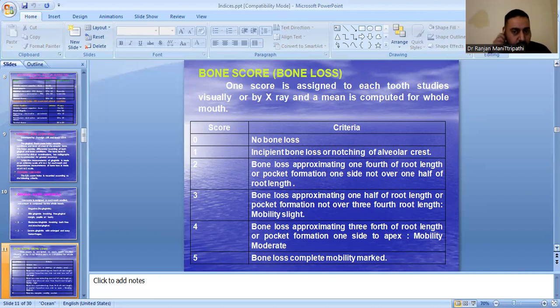Score 3 means bone loss approximating 1/2 of root length or pocket formation not over 3/4 root length, and the mobility is slight. Score 4 means bone loss approaching 3/4 of root length or pocket formation on one side to the apex, and mobility is moderate. And score 5 means bone loss is complete and mobility is marked.